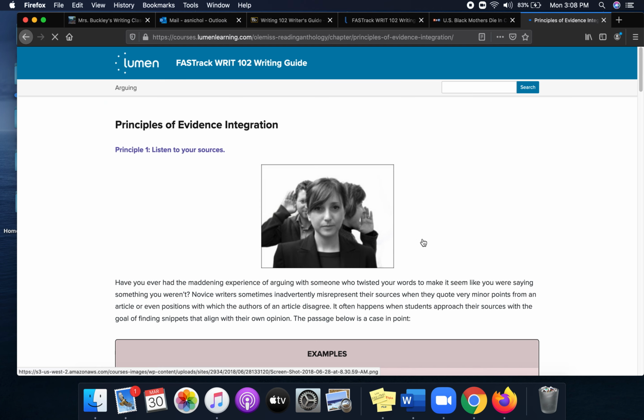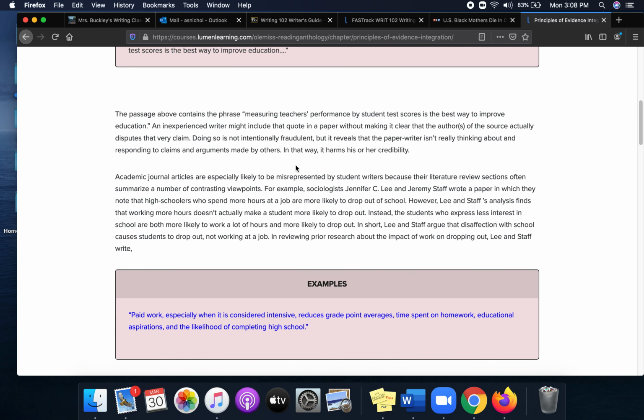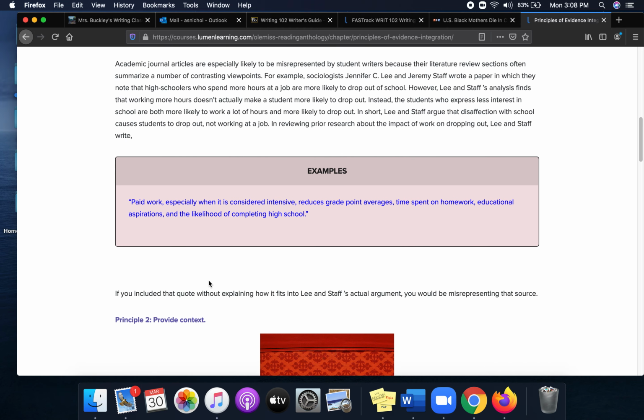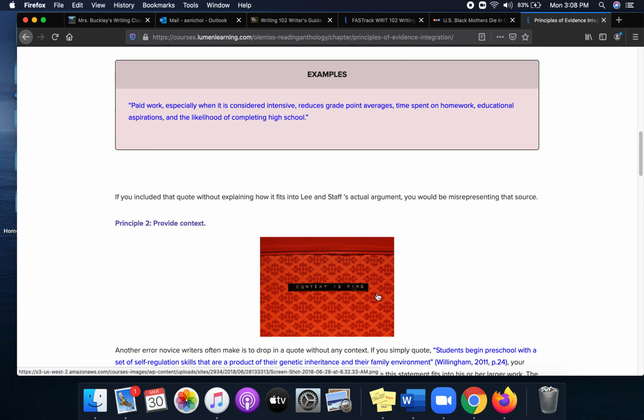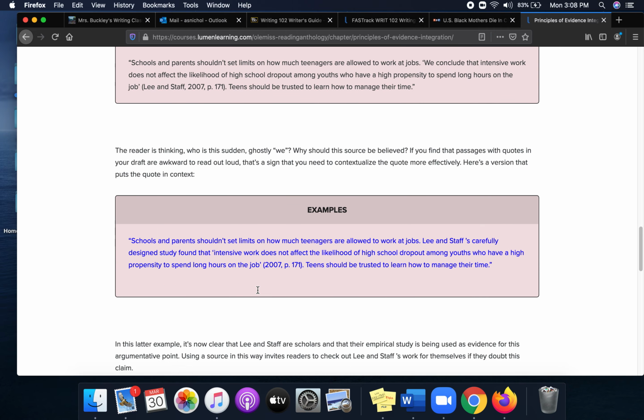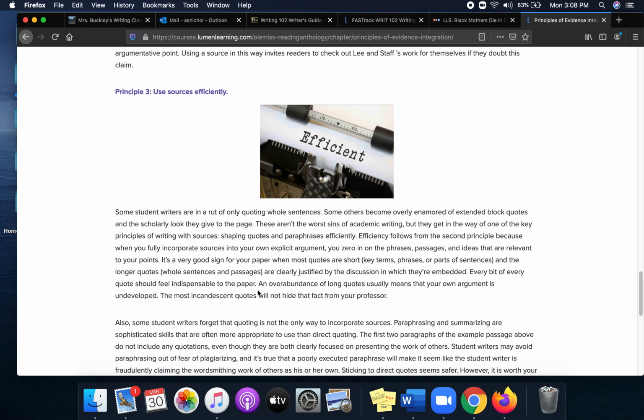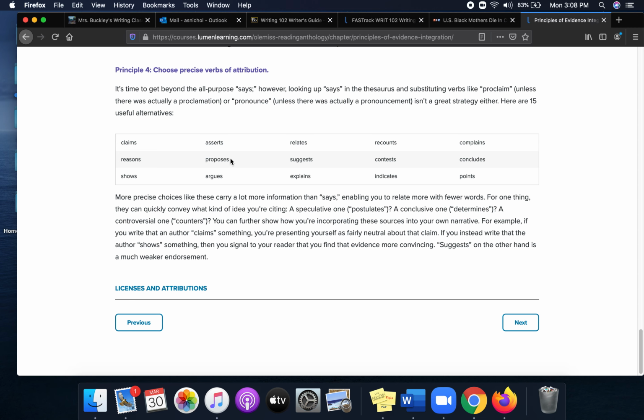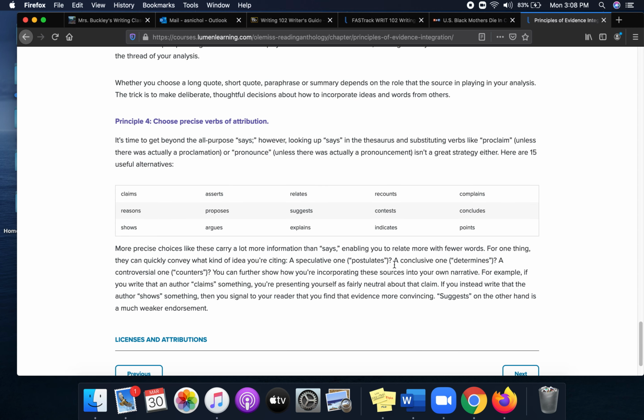And then when you look in here, you'll get a lot of different reviews on how to provide context for source material. They give some examples of some of those signal phrases we've been talking about, and also how to provide those attributions for who your sources are and why they're credible.